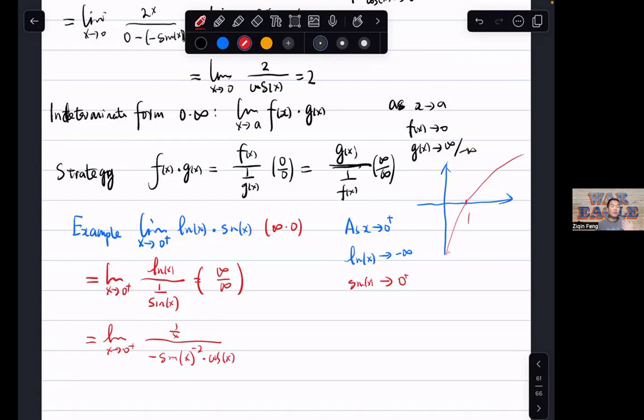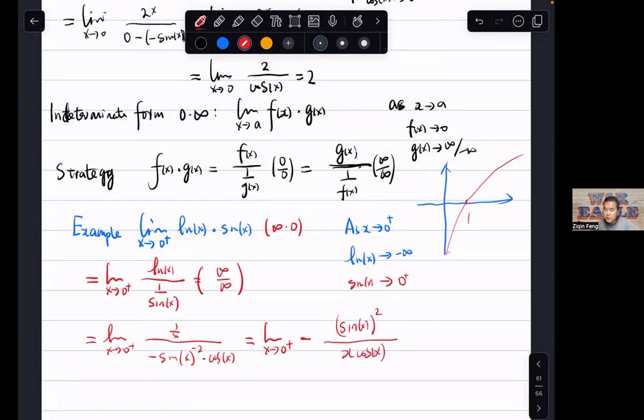Now we want to simplify the function form. So this is the same as the limit as x goes to 0 from the right side of negative sine of x squared over x cosine of x.